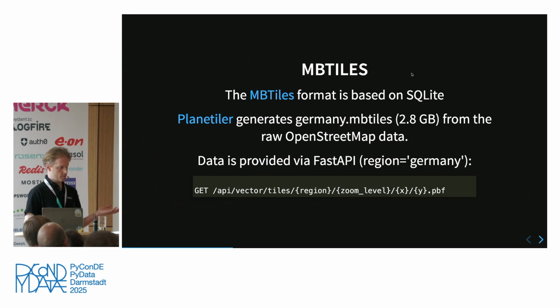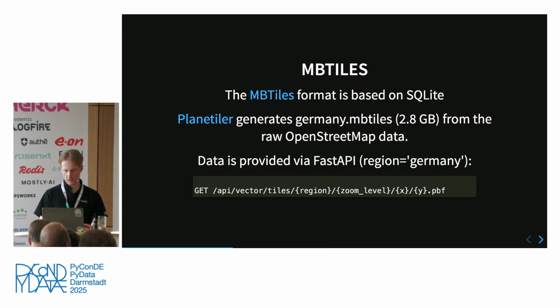This OpenStreetMap file of 4 gigabytes is much too large to serve it to the user. So to handle this, I'm using the MBTiles format. It's based on SQLite, and there the OpenStreetMap data is clustered using a plain tiler into small tiles, depending on the zoom level.